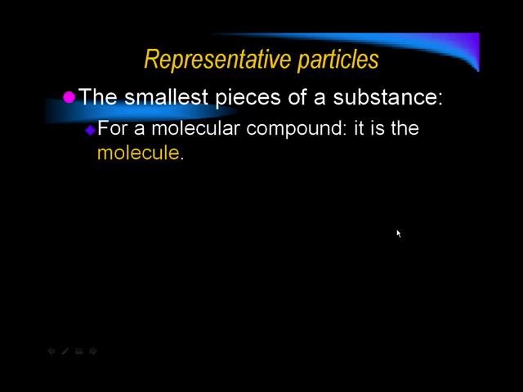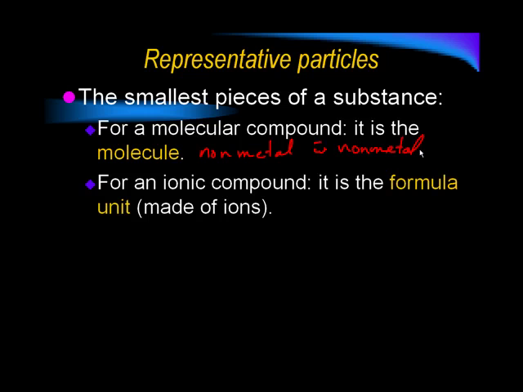So your smallest piece of a substance for a molecular compound is a molecule. Remember, a molecular compound is a nonmetal with another nonmetal. Okay? So our smallest particle there is a molecule. For an ionic compound, it's a formula unit.